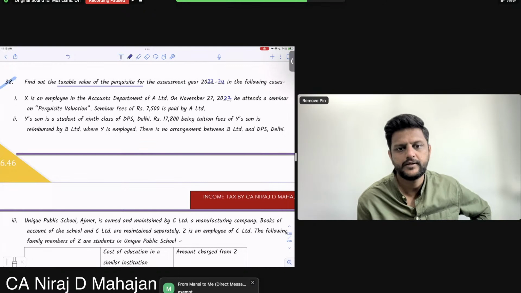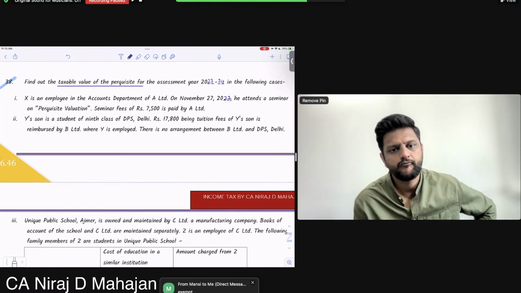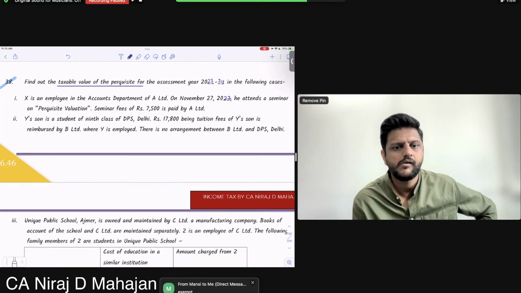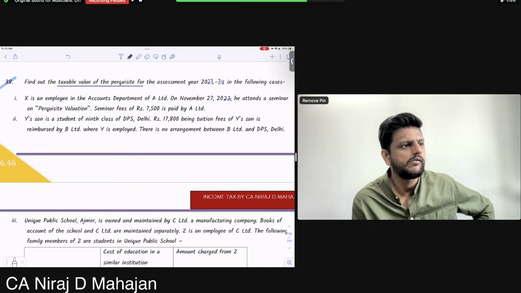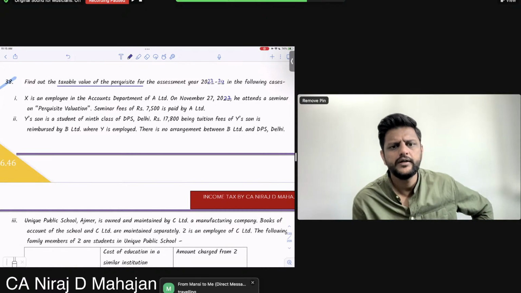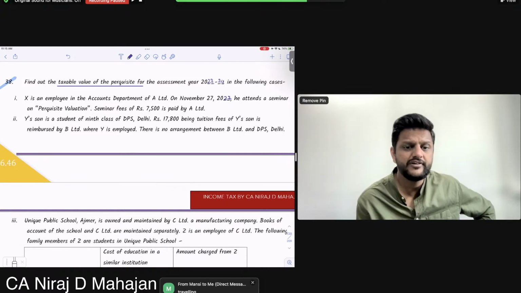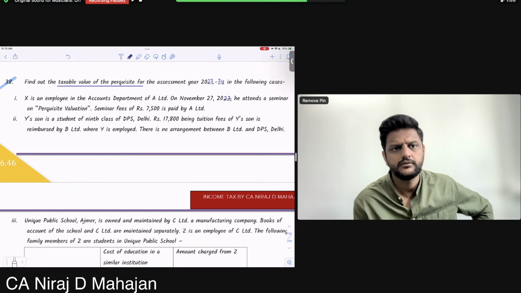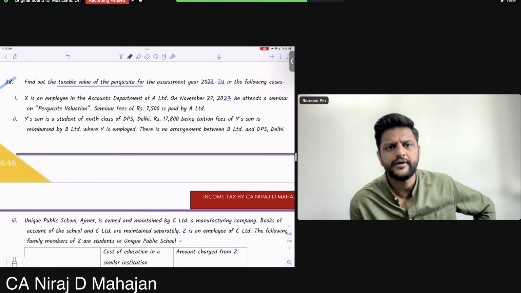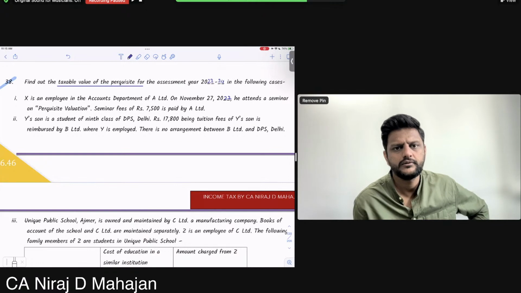Okay. Why, Mansi? He attends a seminar. Seminar fees are paid, not traveling expenditure. Seminar fees are paid of 7,500, not traveling.